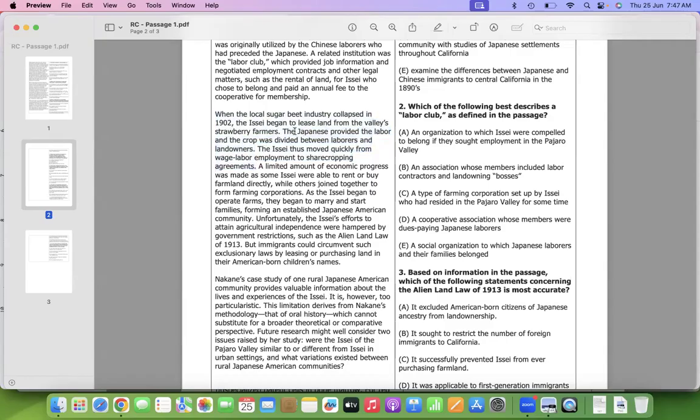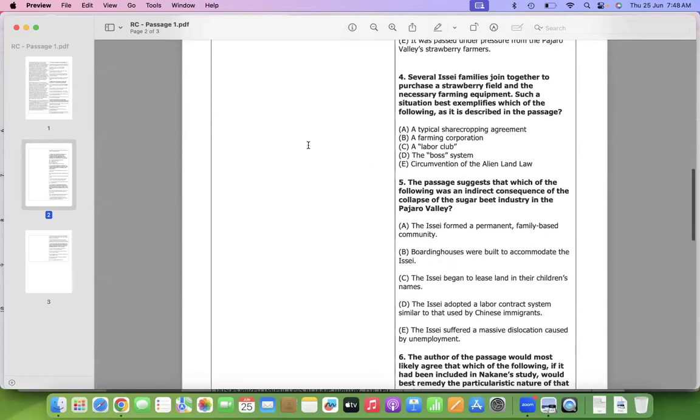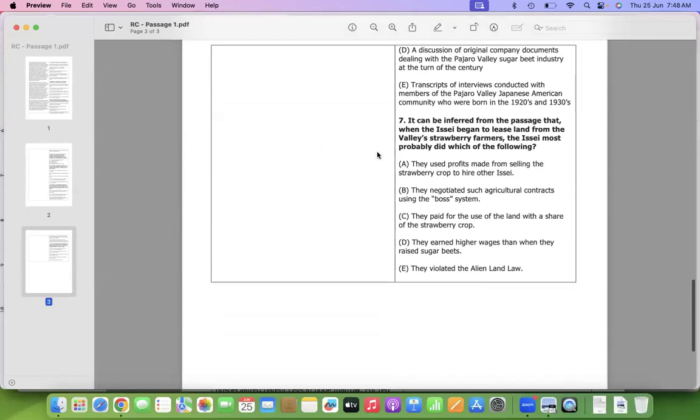So these are the Japanese laborers. They are providing the labor and they're getting a share of the crop. Why are the landowners getting a share of the crop? What is obvious and unstated? That the landowners are providing land. That's why they're getting a share of the crop. Do we have any information that they were hiring other resale?